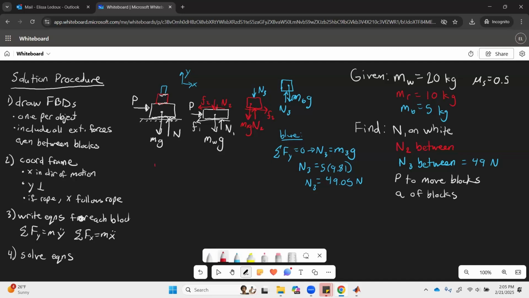Now for the red block, things get a little bit more complicated here. We know that a sum of the forces in the Y direction equals 0. And here we have going up, normal force 2. Going down, we have normal force 3 and M red times gravity. So now we can solve for normal force 2.